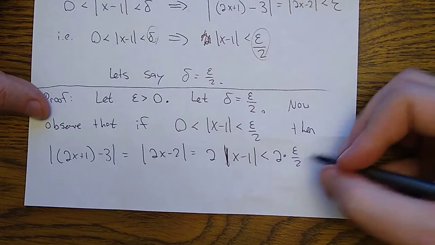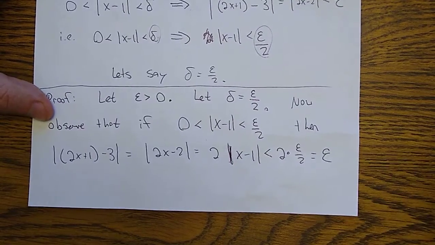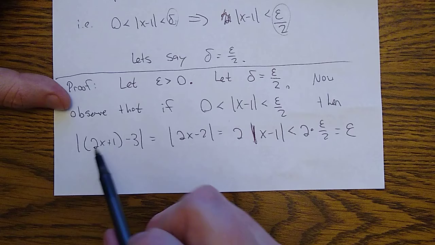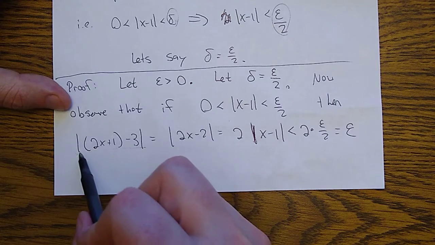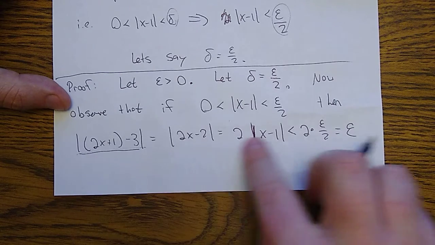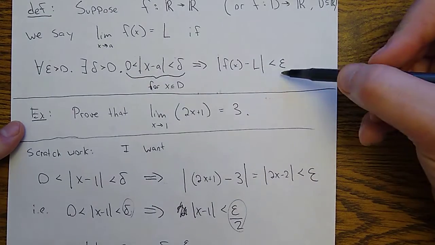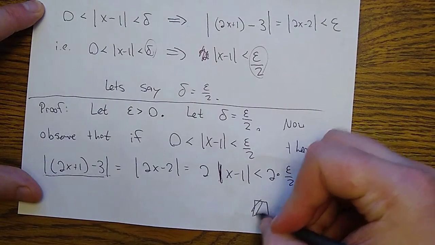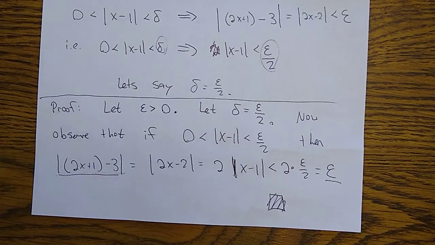And hey, the 2's cancel, so I get epsilon. In other words, I just showed that f of x minus L is less than epsilon, which is what I needed to show. That's it. That's the proof of that limit.